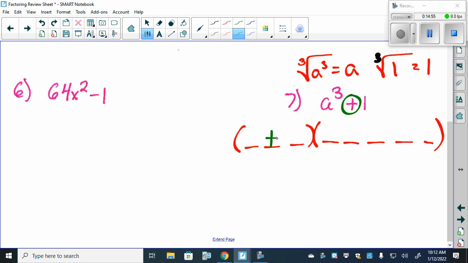So plus, opposite is going to be minus, and always end on a positive note will be plus. So no matter which sum or difference of perfect cubes we have, we will always have 2 addition signs and 1 subtraction. Now we'll plug our terms in. Since a cubed was first, it's going to go first. So in the first set of parentheses, we will have a.